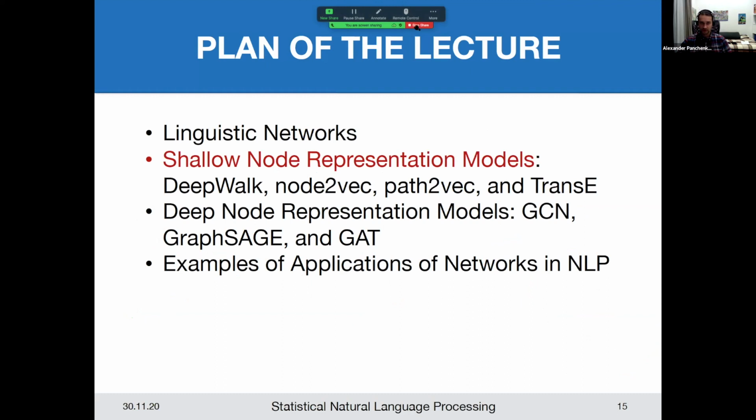All right. So let me ask if there are any questions about this first usefulness of linguistic graphs.